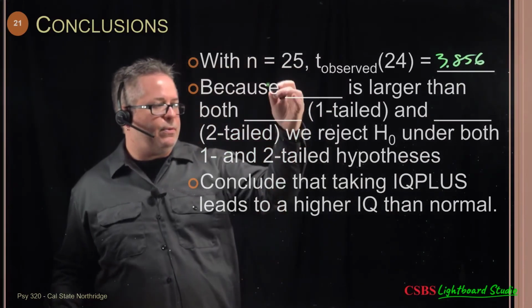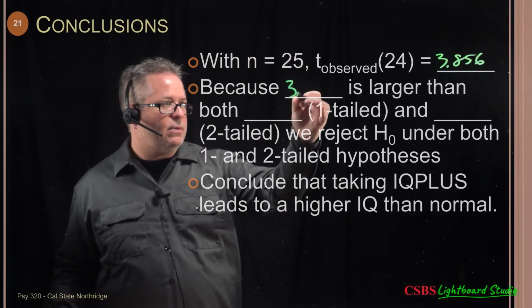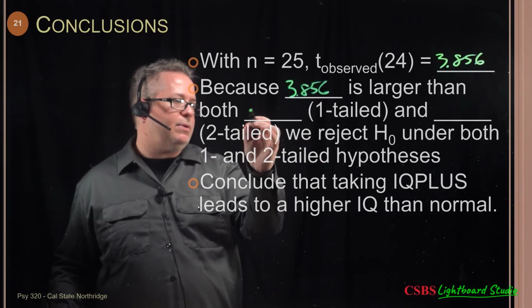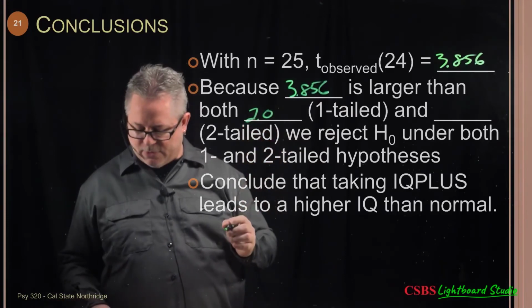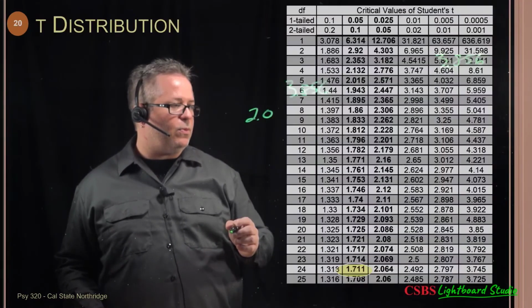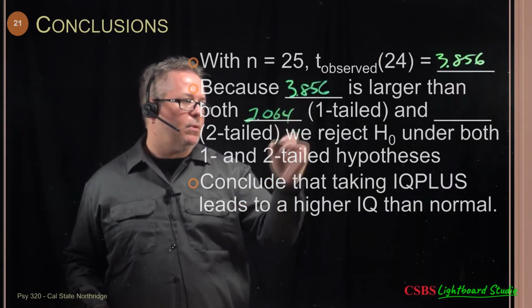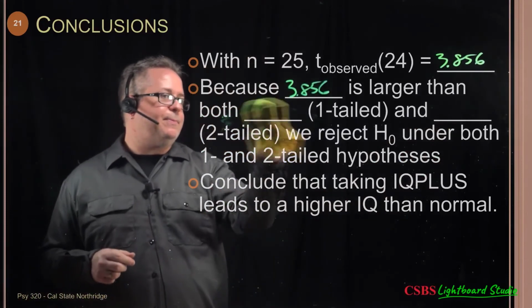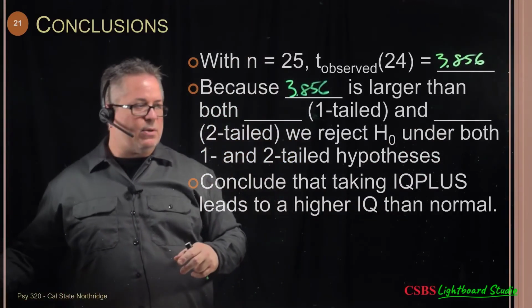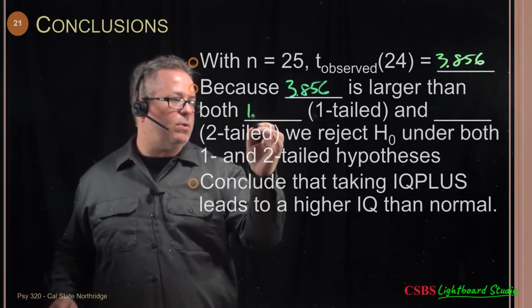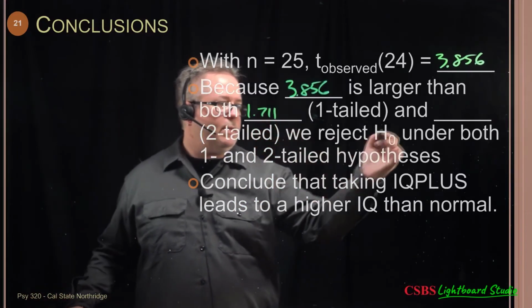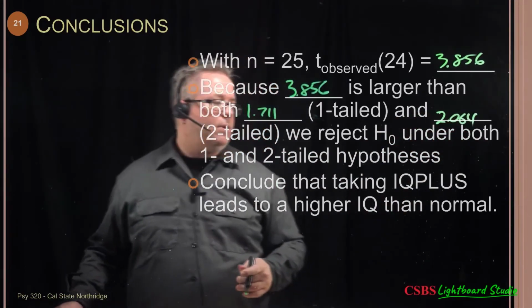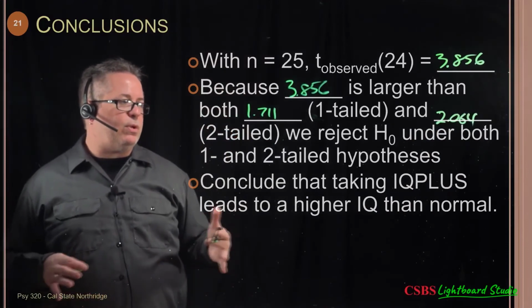Since 3.856 is larger than both the one-tailed critical value, which is 1.711, and the two-tailed, 2.064, we reject the null under both one- and two-tailed hypotheses.